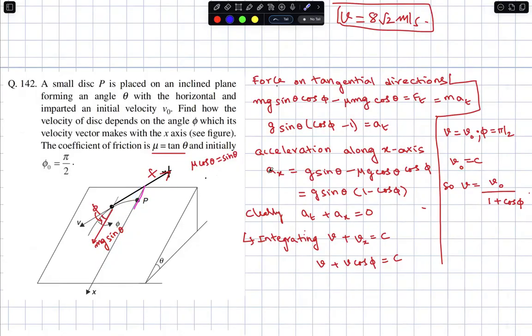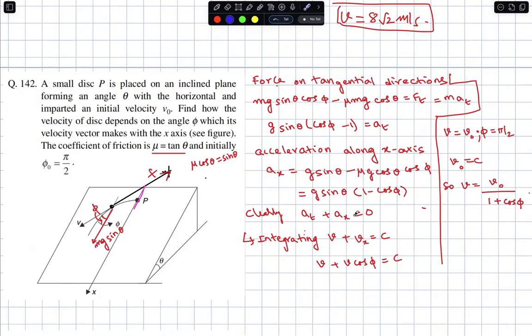I'm speaking about accelerations. So a_x is g sin theta minus mu g cos theta cos phi, which is g sin theta into 1 minus cos phi. Clearly, you can notice one thing: this plus this is 0. The tangential acceleration and the x acceleration components will sum to 0.